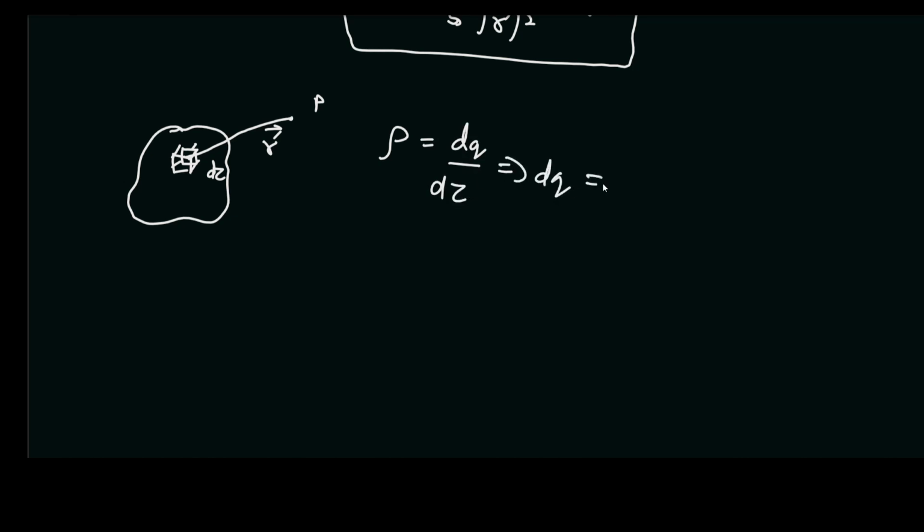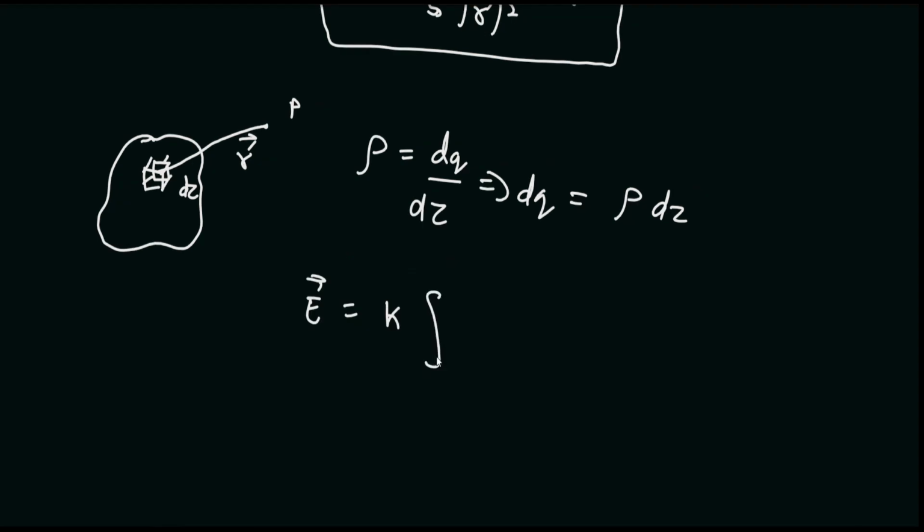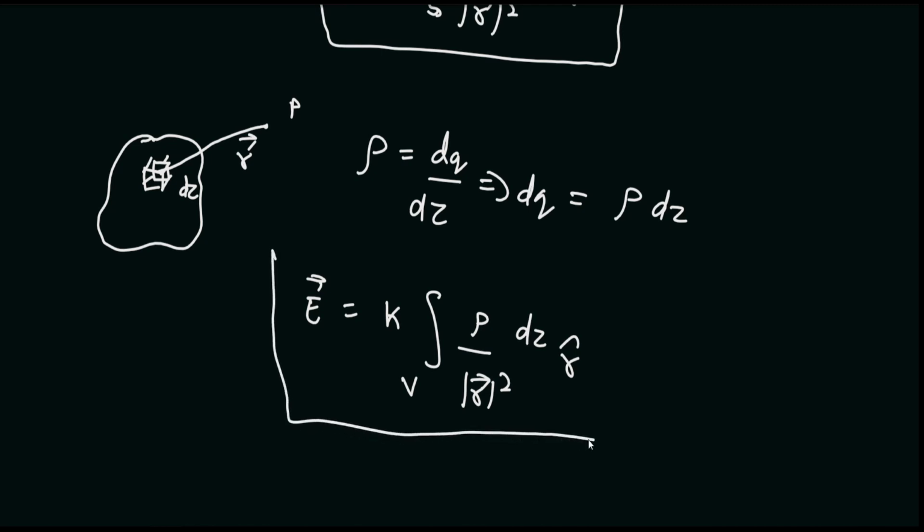Then we can separate dq as rho d tau. Then the electric field in the case of continuous volume distribution becomes constant of proportionality k times the integral rho d tau over magnitude of vector r squared r cap. This will be a volume integral, so let us write V to remind us that it is a volume integral. So this whole will be the electric field due to continuous volume distribution.